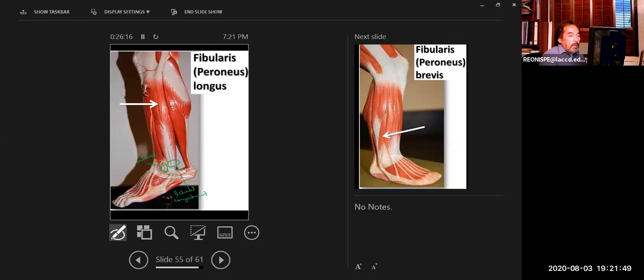Okay, and then this is going to be my peroneus longus, or fibularis longus, that's another name. And on the bottom, you can actually see this part here too. Going to be the peroneus brevis.